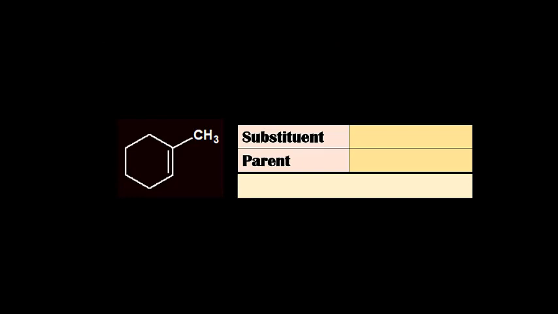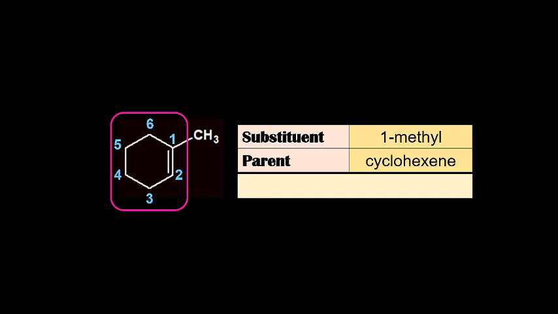For example, we have 1-methyl as a substituent, so we number clockwise around the ring so that the double bond is between carbon number 1 and carbon number 2. So for our substituent, the lowest number is 1-methyl. The parent is cyclohexene. As a single word, 1-methylcyclohexene.